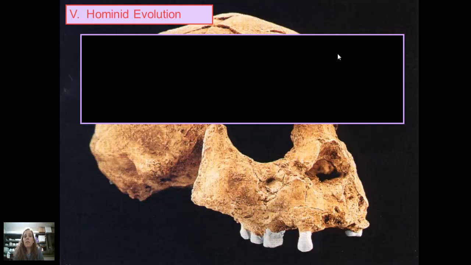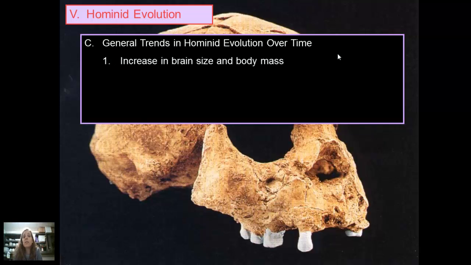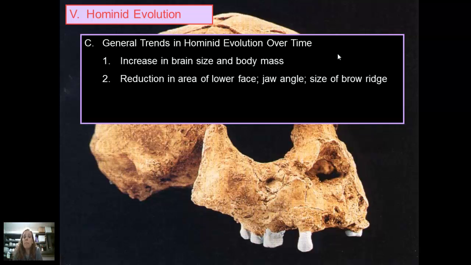All right, so let's take a look specifically at hominid evolution. There are some general trends in hominid evolution over time, such as an increase in brain size and also in body mass. There has been a reduction in our lower face, so our jaws have become increasingly smaller as our brains are getting bigger.